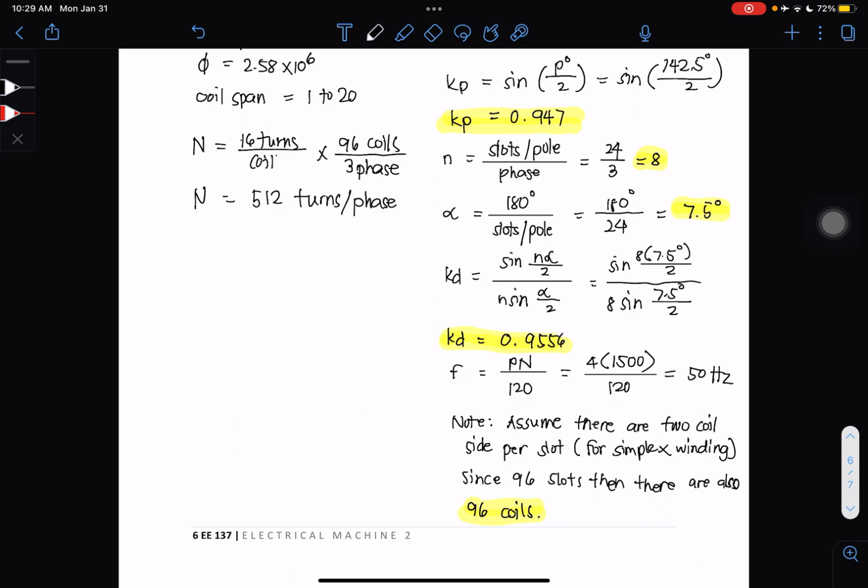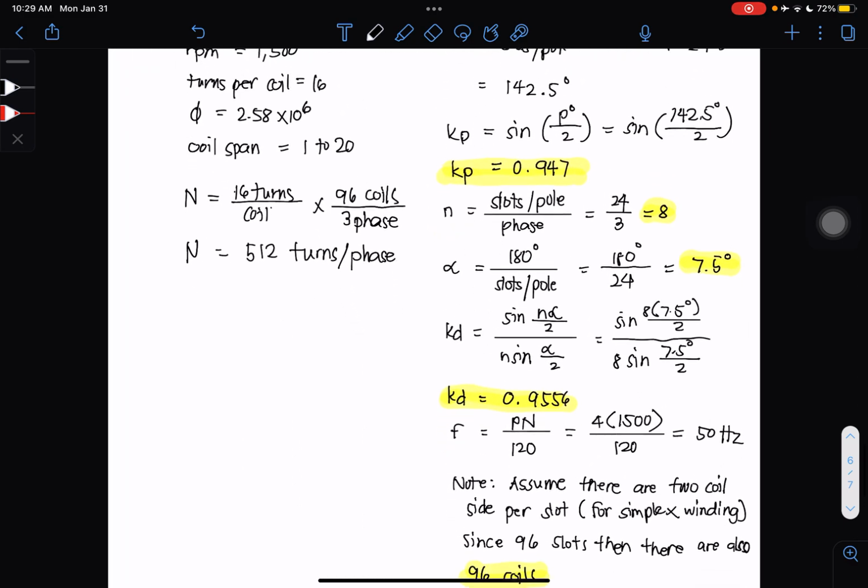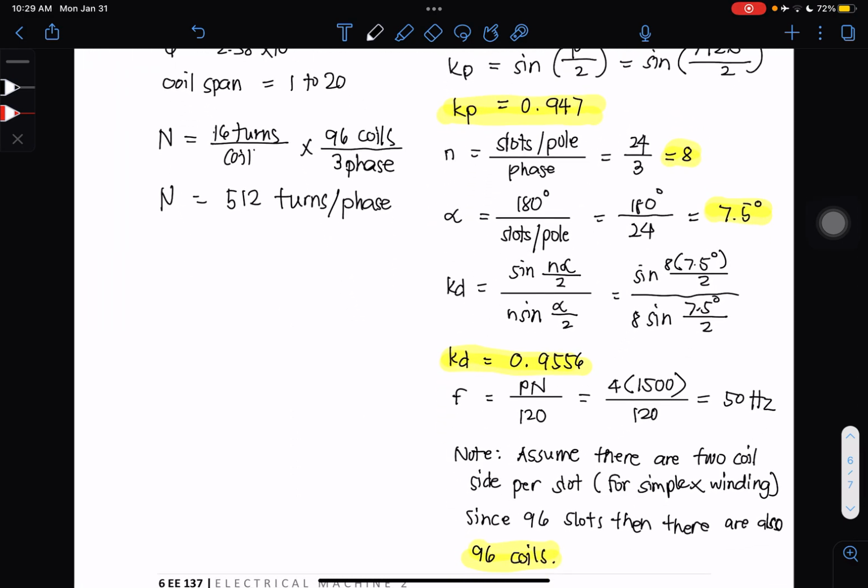So to solve for our generated line-to-line voltage, EP is equal to 4.44 F N, Kp, Kd. So we have 4.44. Our F is 50. Our N is 512.